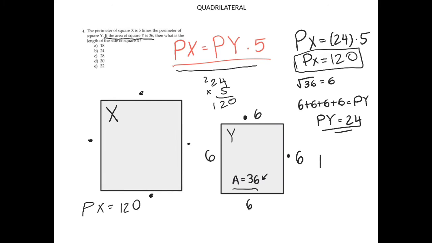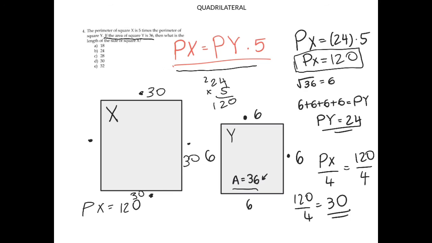So 120 divided by 4 is equal to 30, which means each side length is equal to 30. So we've got 30, 30, 30, and 30. And just to verify, 30 plus 30 plus 30 plus 30 is 120.